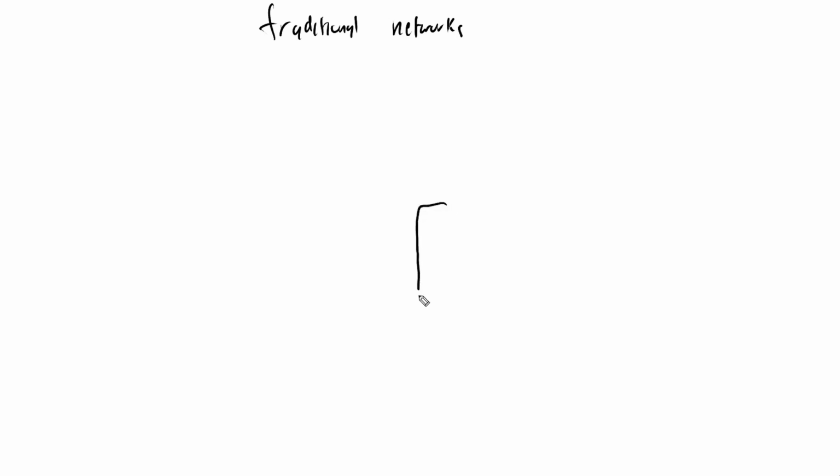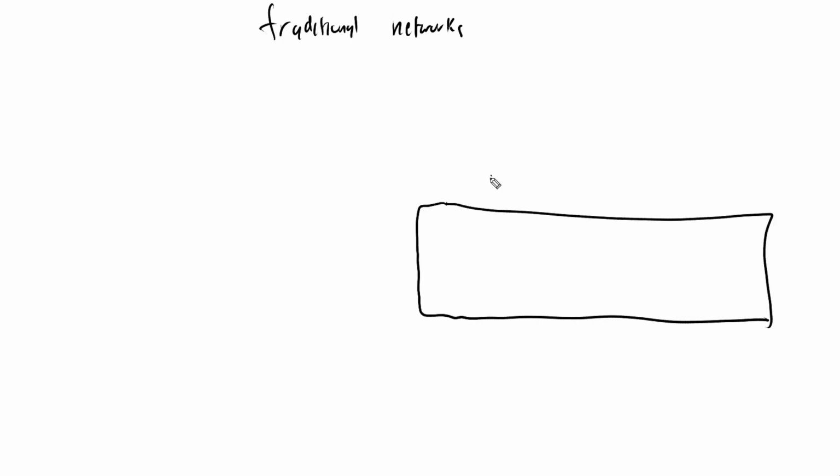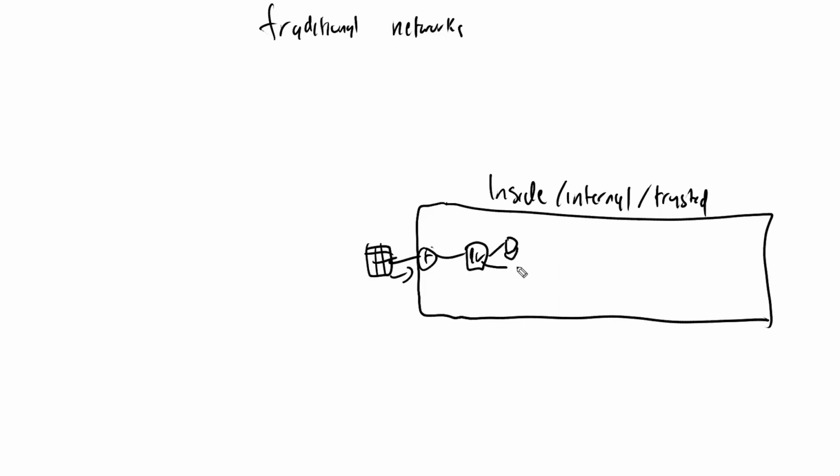So we can have what's called the inside zone. The inside or internal zone is also going to be known as the trusted zone as well. This is where we're going to have, I'm going to put the firewall out here. That's the inside zone. This is where we're going to have our internal architecture. All of our users, right? All of our switches, network infrastructure, wireless access points, our servers.